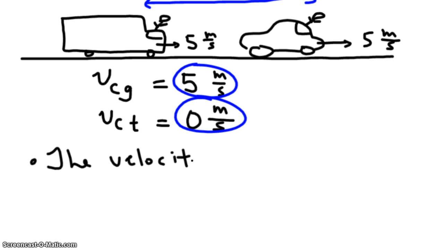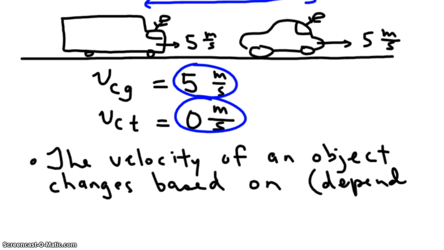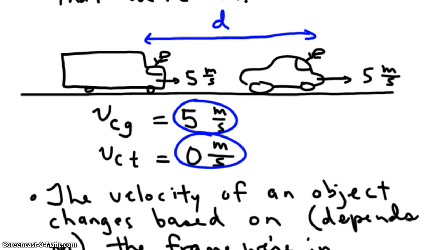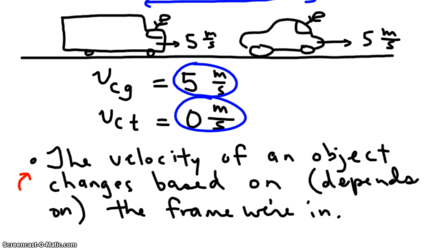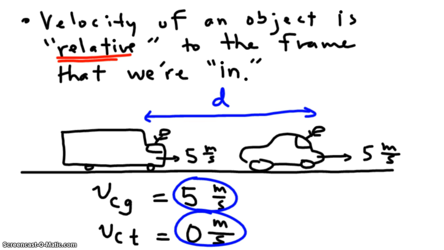The velocity of an object changes based on, or depends on, the frame we're in. And this truck and car example demonstrates exactly that. This, right here, we capture with the word relative. So we're beginning to understand the concept.